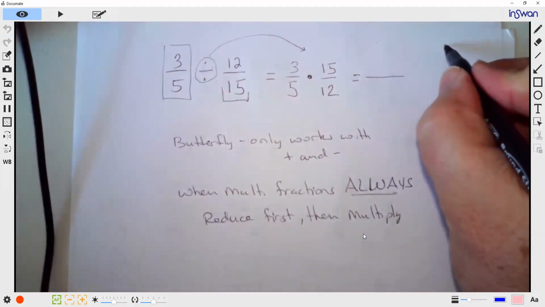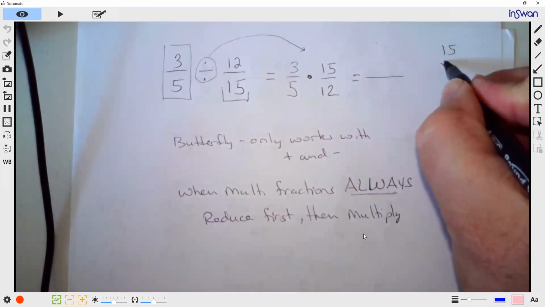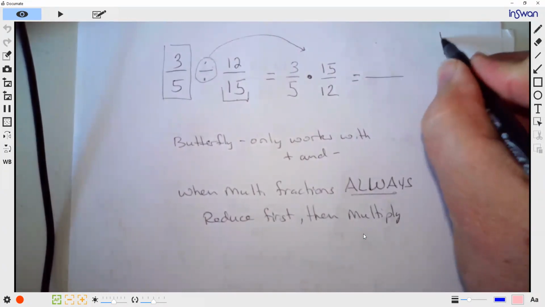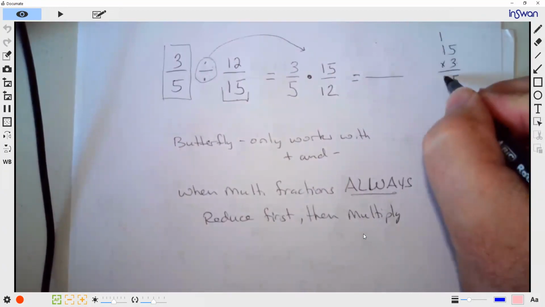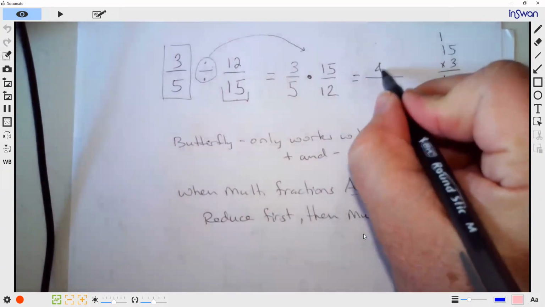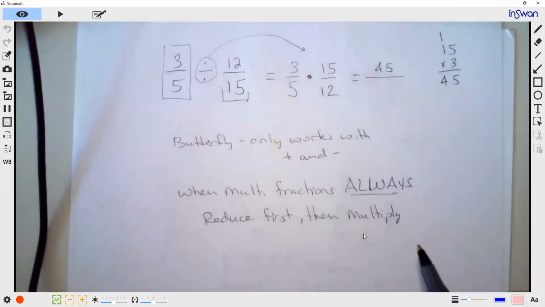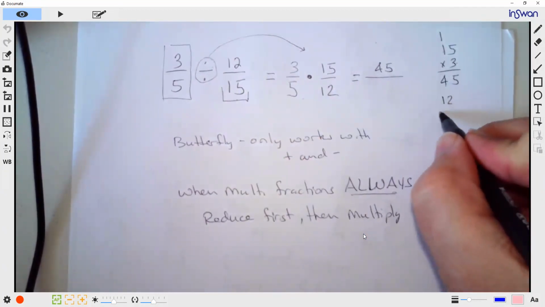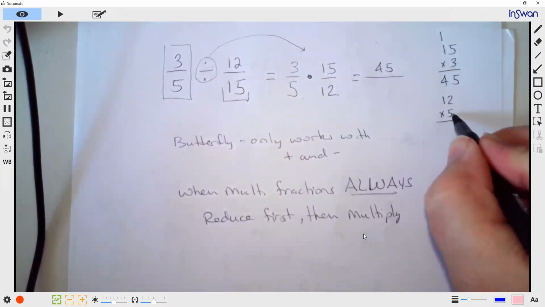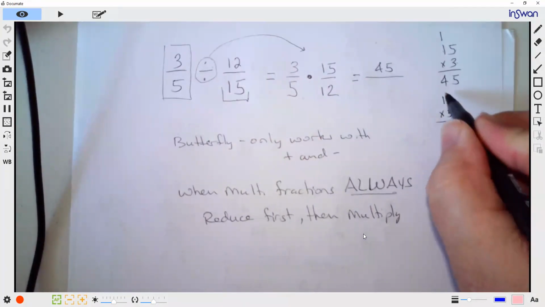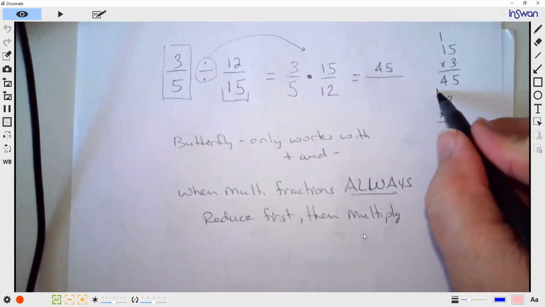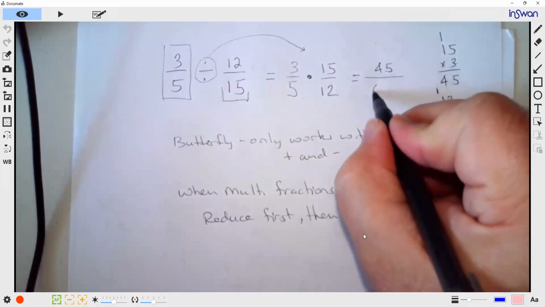So it's 15 times 3. 3 times 5 is 15. Carry the 1. 3 times 1 is 3. It's 45. Then 5 times 12. 60. 5 times 2 is 10. Carry the 1. 5 times 1 is 5, plus 1 is 6.